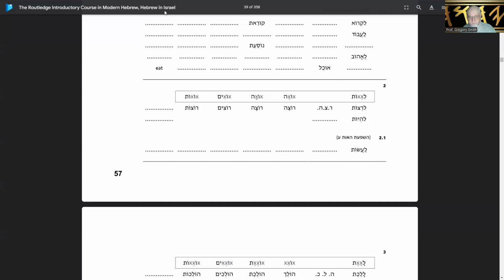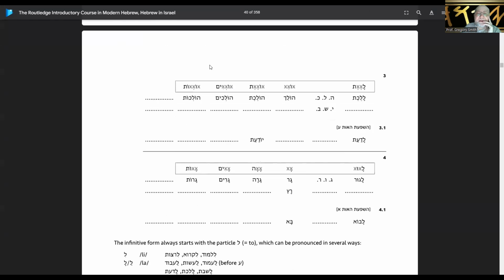Now, let's move this down a little bit. And let's look at number 3. So this must be the pattern. This is the segol pattern here. This is what they're showing here. Any letters can be in there. And basically, this is almost like a two-letter conjugation from a three-letter root.